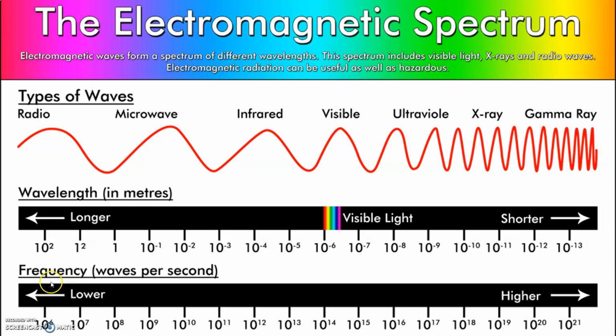On the flip side, frequency, which is the amount of wavelengths that travel through a given point, is very low on the left side and gets very high on the right side. Well, what does that mean? It means that waves on the left are much bigger, and I'm going to show you an image in a second which shows that radio waves are really big, almost as big as mountains or skyscrapers.